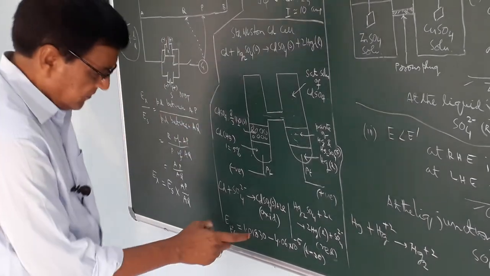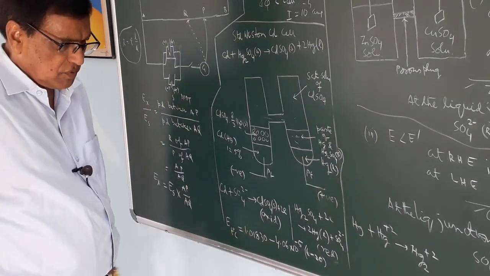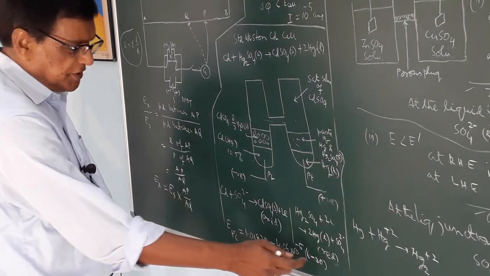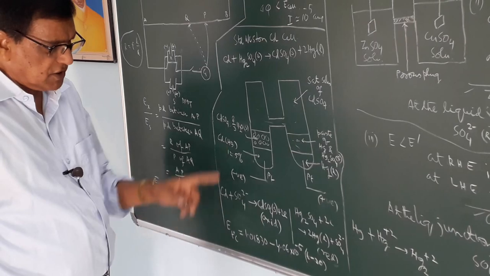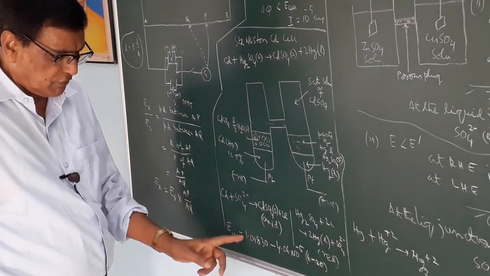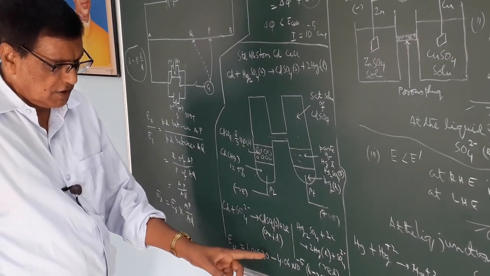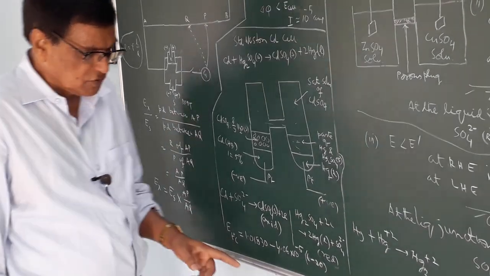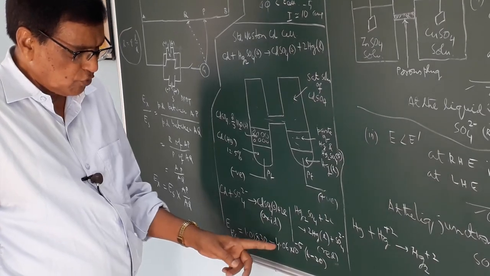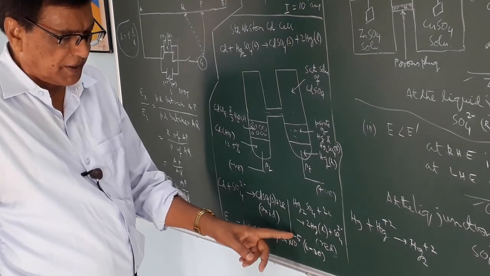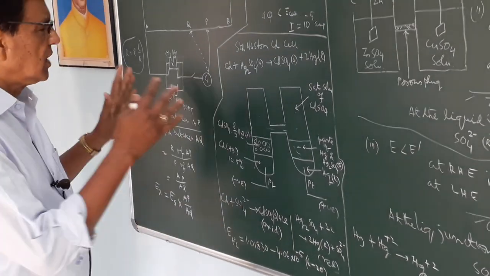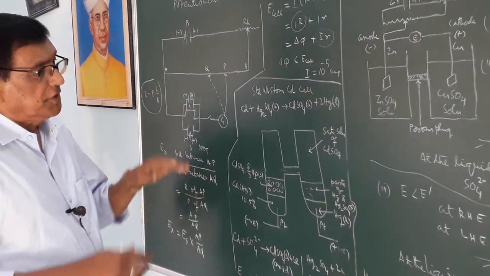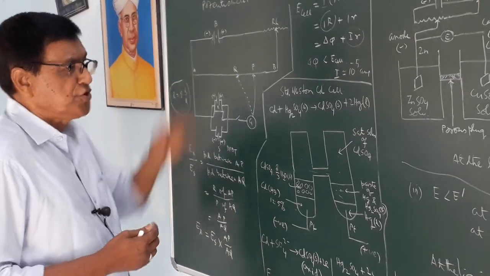Whenever the temperature is 20 degrees centigrade, the potential or EMF of this cell is 1.01830, and the temperature coefficient of this EMF is also very low, minus 4.06 into 10 to the minus 5. This is all about the determination of the EMF of a reversible cell by means of a potentiometer.